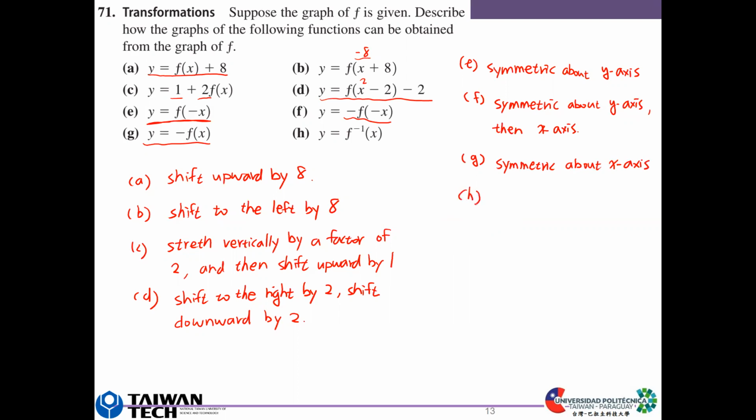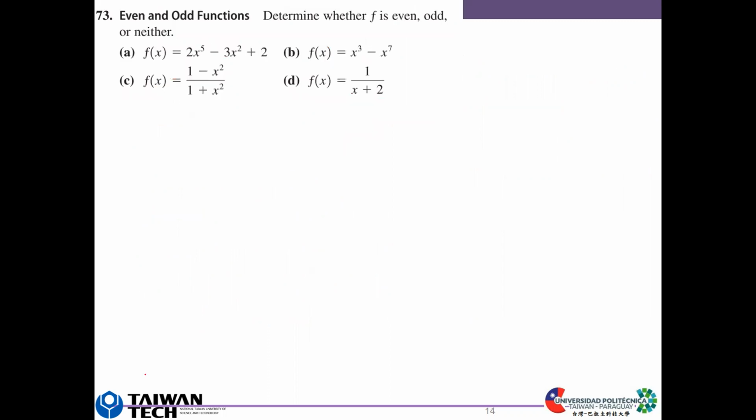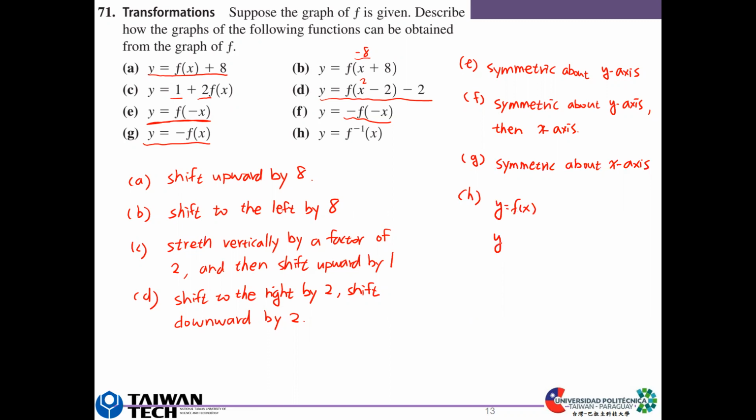And problem H. y is the inverse function of f of x, because we have y equals f of x here, and we have y equals f of minus x. These two functions are the inverse functions of each other, and for an inverse function, we switch x and y, which means these two functions are symmetric about y equals x.